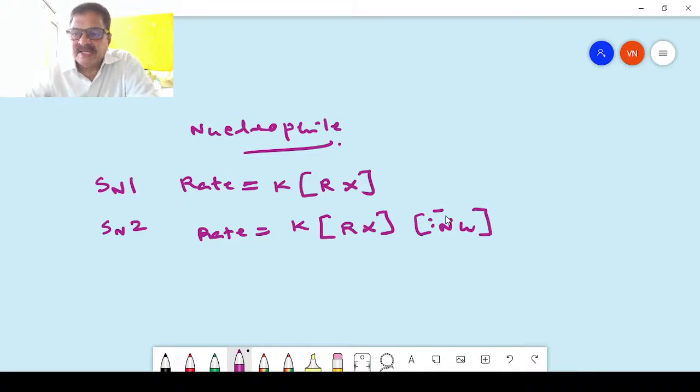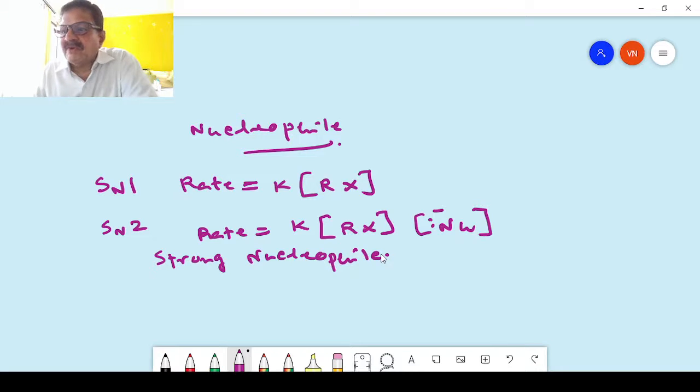Sn2 rate depends upon the concentrations of the alkyl halide and the nucleophile. Now, a strong nucleophile in high concentrations will favor an Sn2 mechanism.